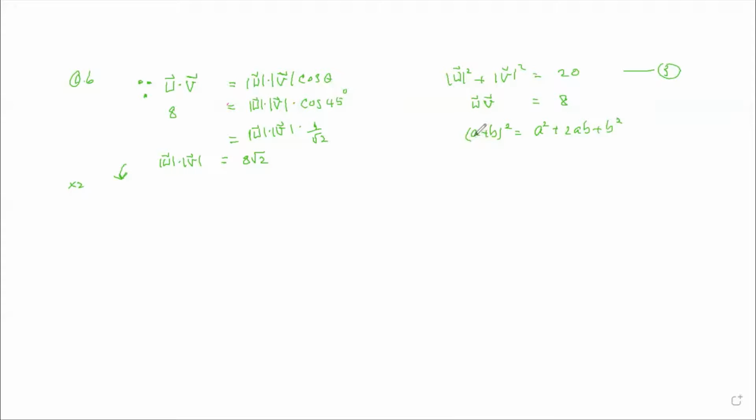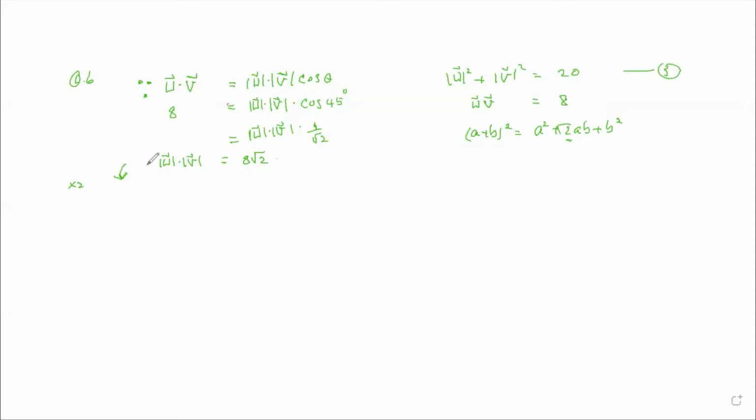So right now our a is the length of vector u and b is the length of vector v. And I want the middle term to have a 2, so I need the number 2 here. That's why I times 2 here.